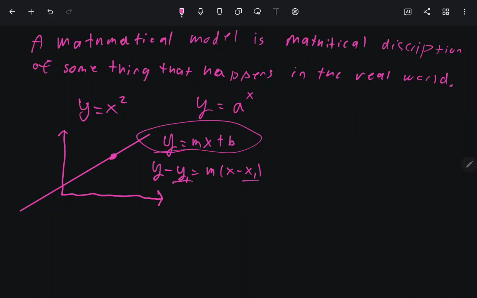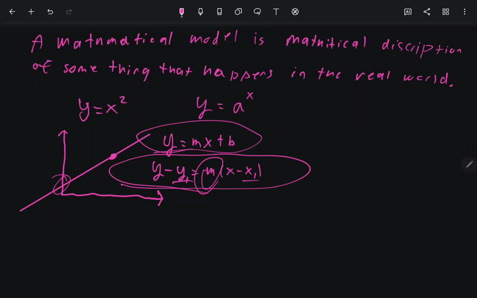We don't have to find this y-intercept. It also makes it very easy for solving for this m. All you need to do is know 2 points. So I think for the majority of this course, we're going to be focusing on this one just because it's going to be a lot easier for our applications later on. y minus y1 is equal to m times x minus x1.